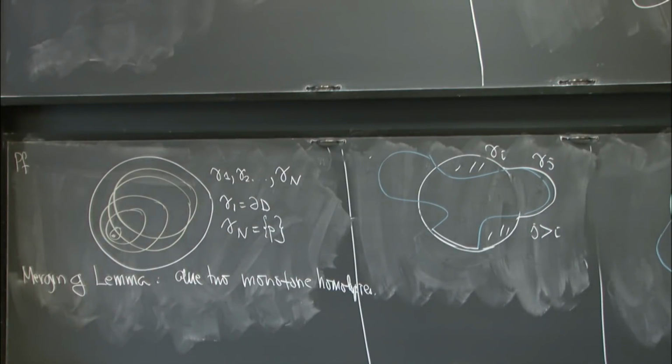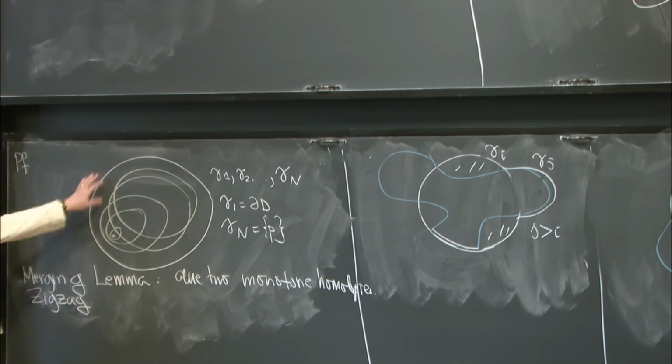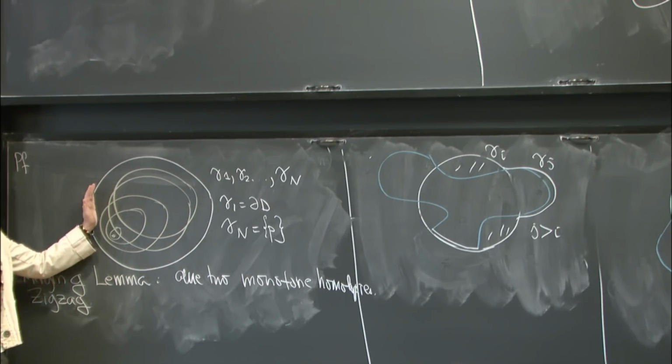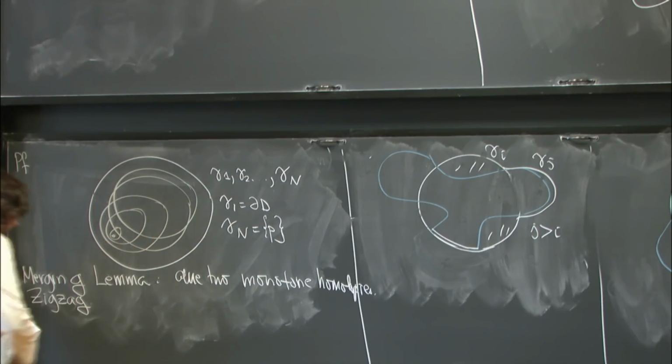But to organize the proof, we also introduce the idea of a zigzag. So let's now say we have a homotopy like this. We can show, in fact, that there exists a homotopy of short curves that's going to be organized in the following way.